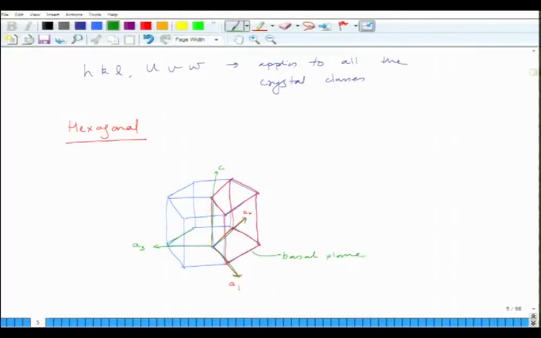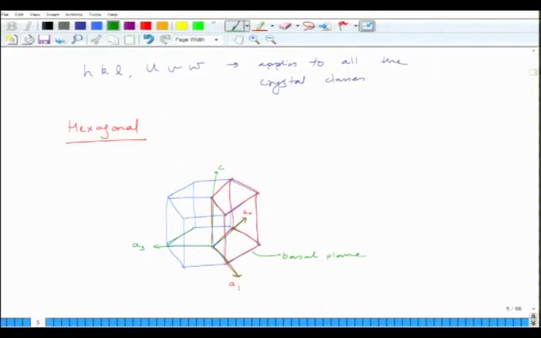So, now we can see, instead of taking this small unit cell as the hexagonal unit cell, if we take the big unit cell, which is the hexagonal cell, then we can conveniently choose a 4 axis system where A1, A2, A3 are 3 axes within the basal plane and the C axis is out of the basal plane.